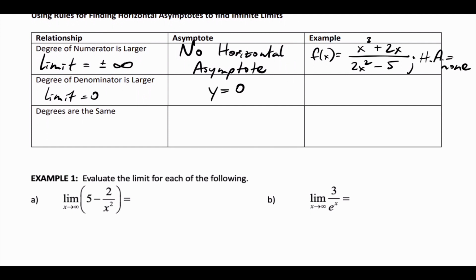Okay. Let me give you an example. 2x squared minus 5 over x cubed plus 2x.